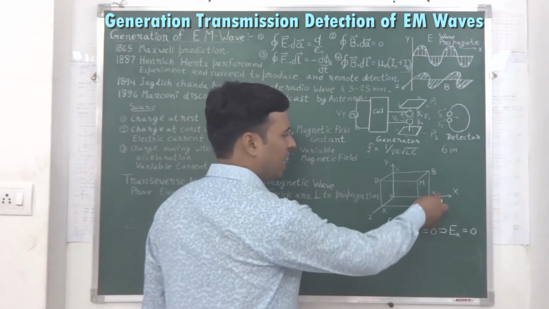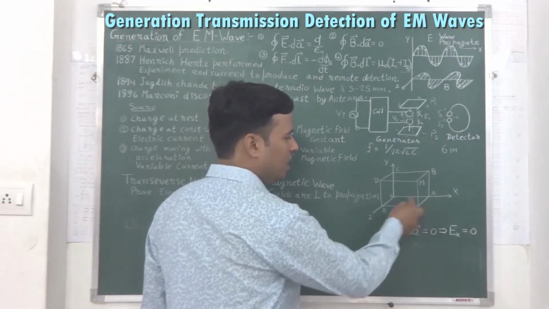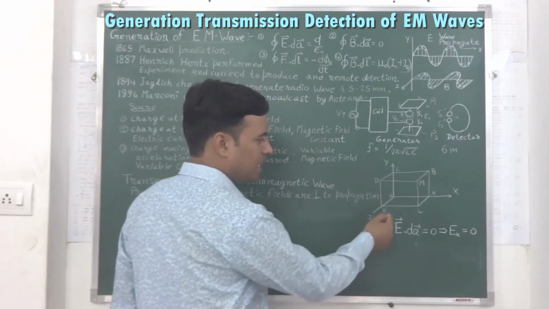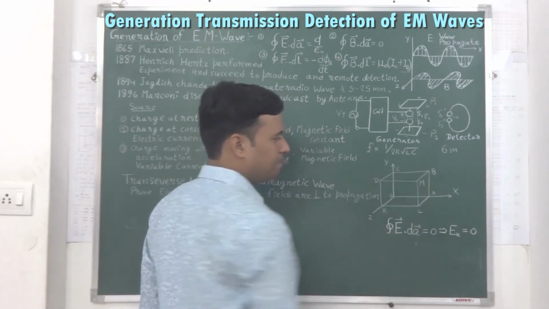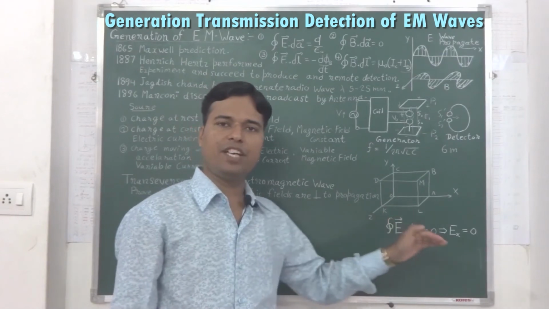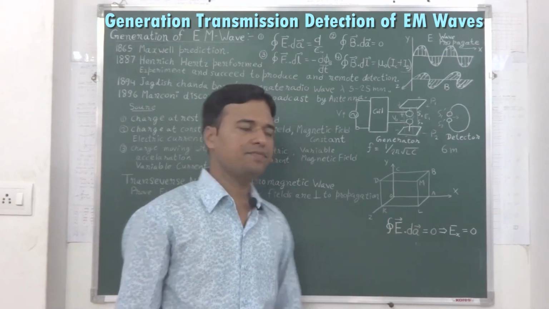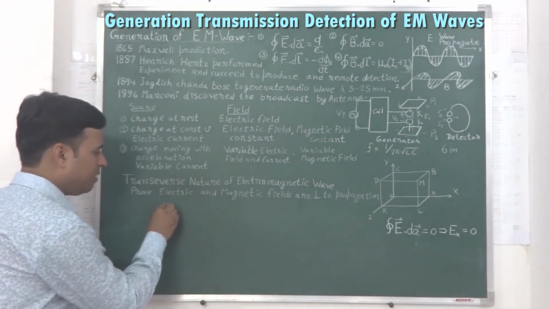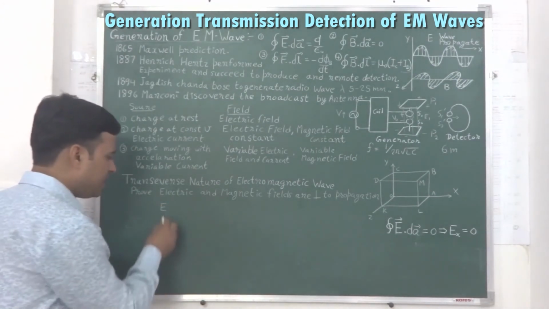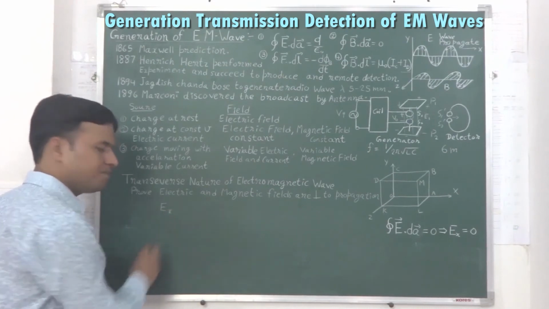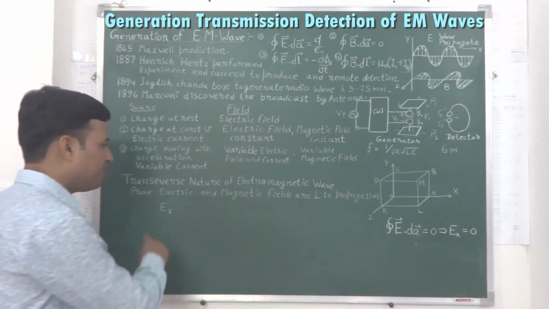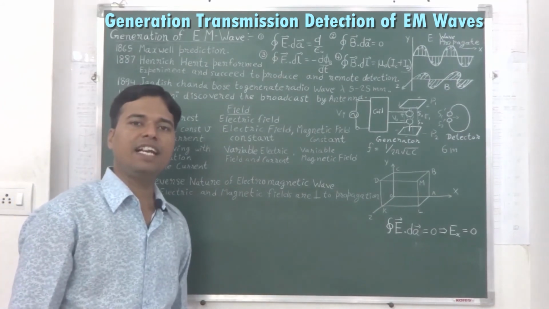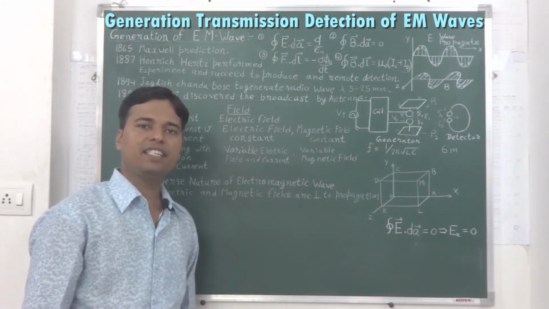Its vertices are shown with O, A, B, C, D, K, L, M. If the electromagnetic wave is traveling in the x direction, then the electric field will change with change in x value. At different points on the x-axis, the value of the electric field will be different.